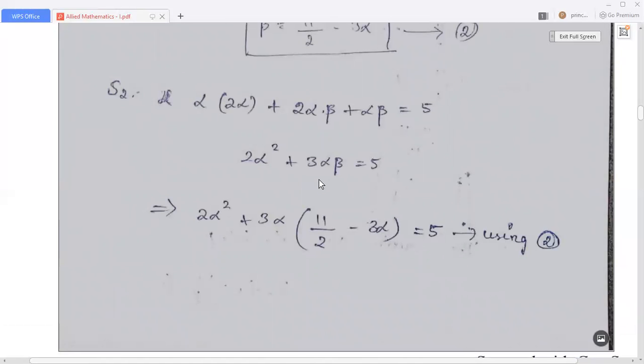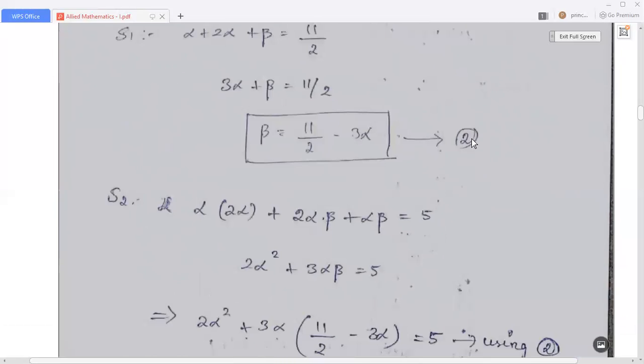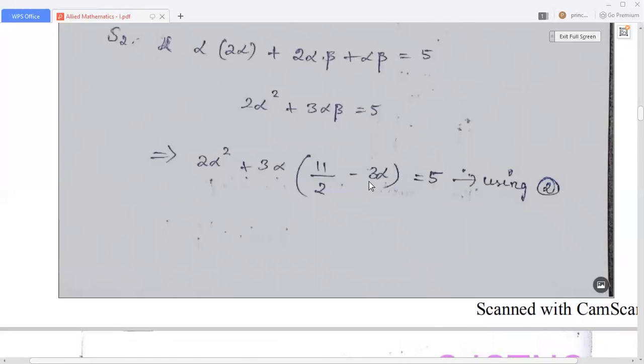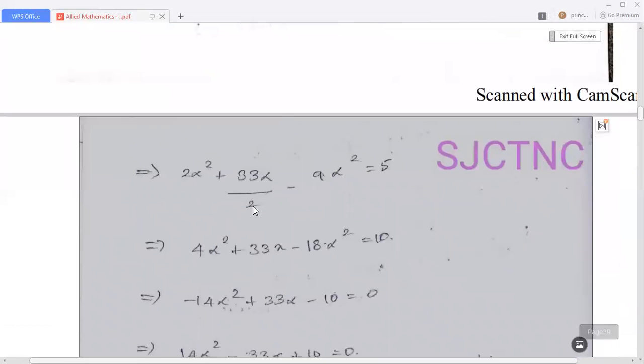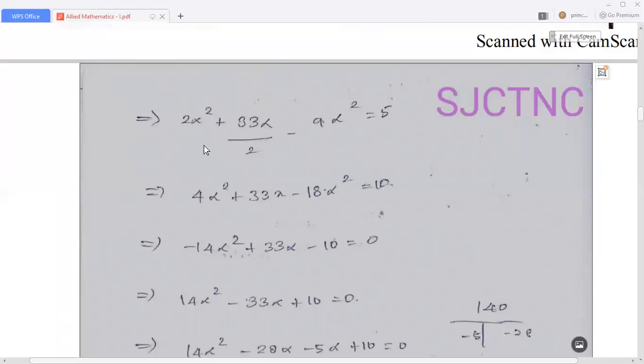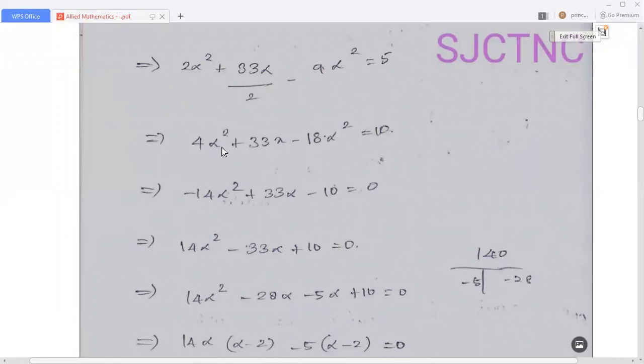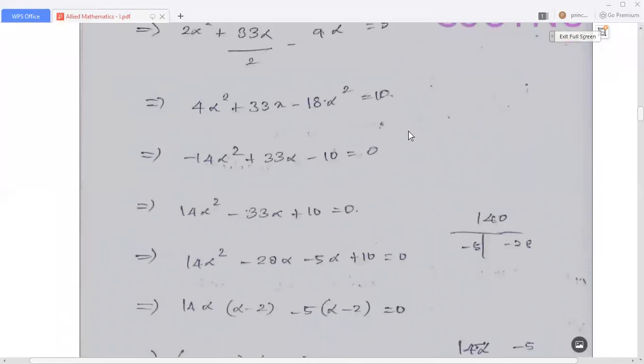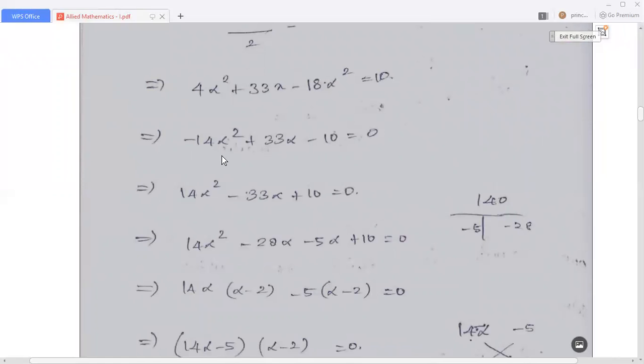By using equation number 2, this is obtained. Next, we simplify this. 2 alpha square plus 33 alpha by 2 minus 9 alpha square equal to 5. This implies 4 alpha square plus 33 alpha minus 18 alpha square equal to 10. This implies minus 14 alpha square plus 33 alpha minus 10 equal to 0.